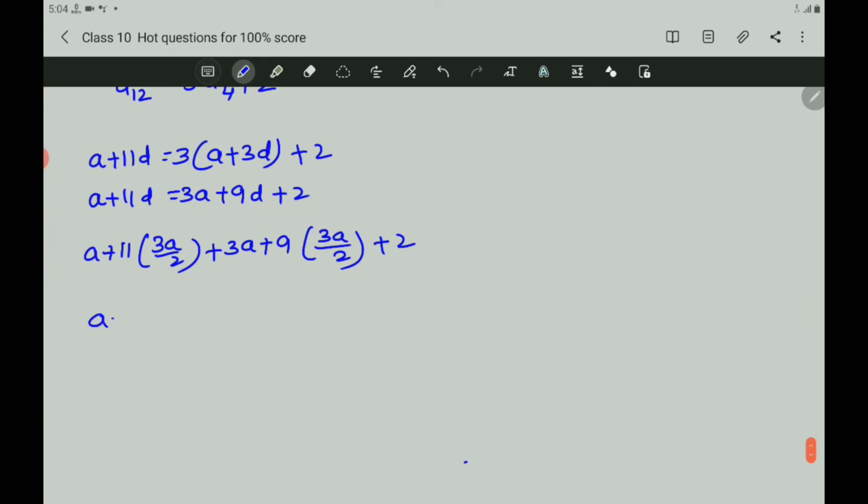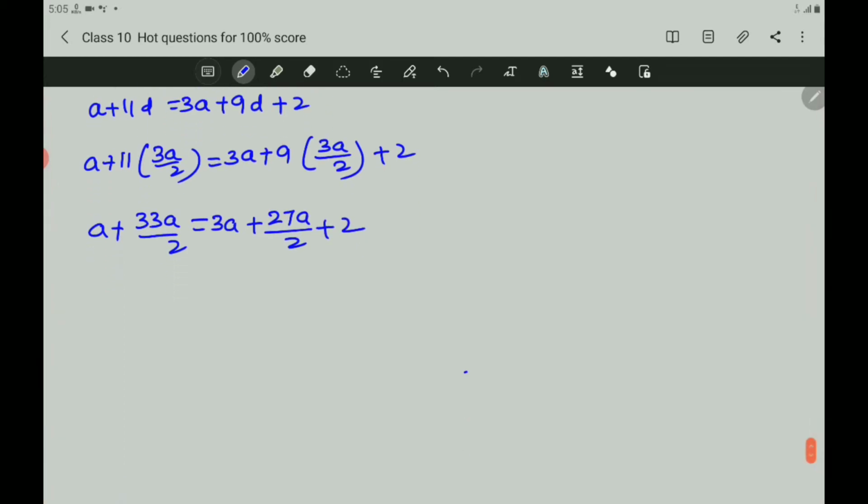Then it becomes A plus 33A by 2, right, it is not plus, it is equals, 3 into A plus 27A by 2 plus 2.